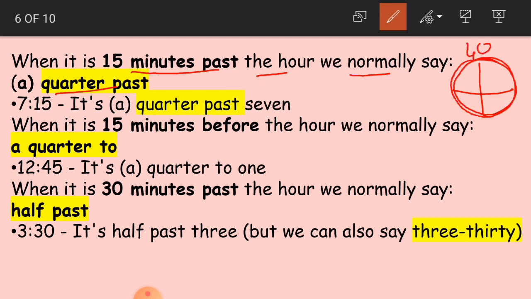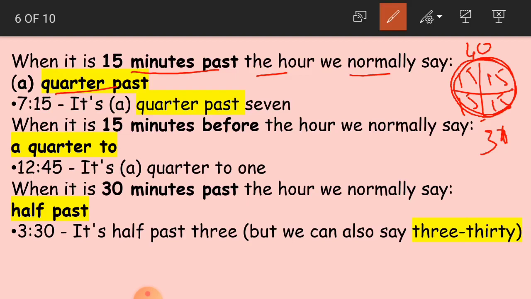So for every 15 minutes, the first 15 minutes is a quarter. So for every 15 minutes, again we can address it as a quarter. But when you count 15 plus 15, 30 minutes, then that becomes half. So that is why we say half an hour.